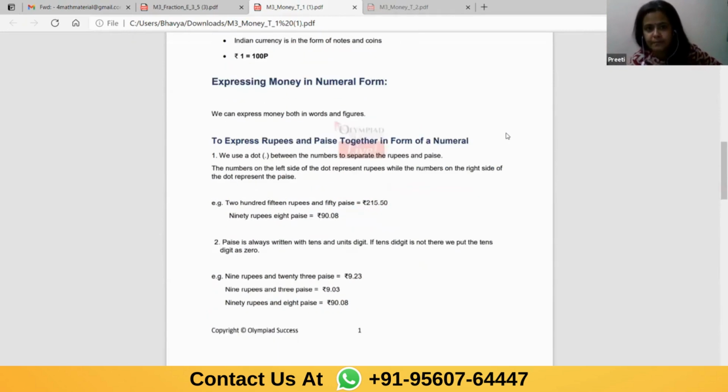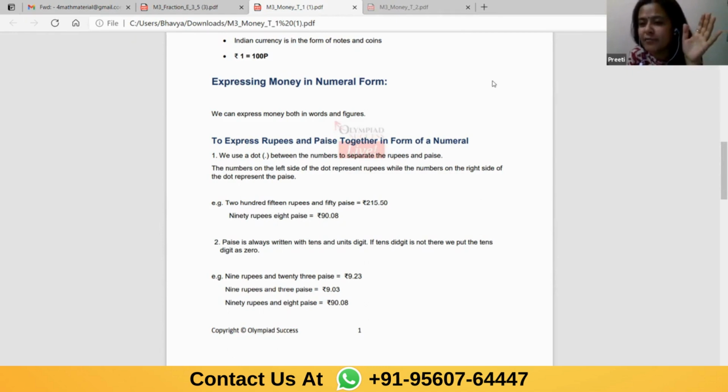Now look here. We can express money both in words and in figures. Figures means, what is the form? In numbers. And word means, do you know word form?